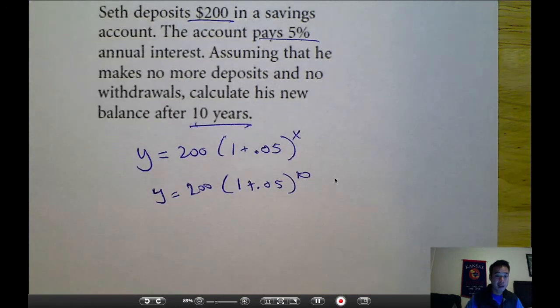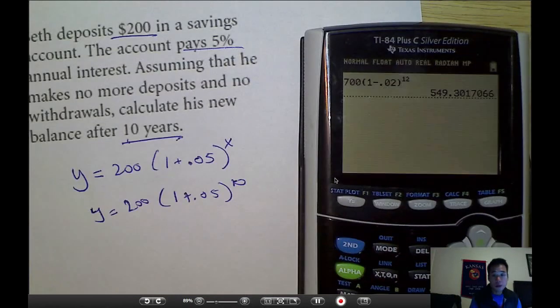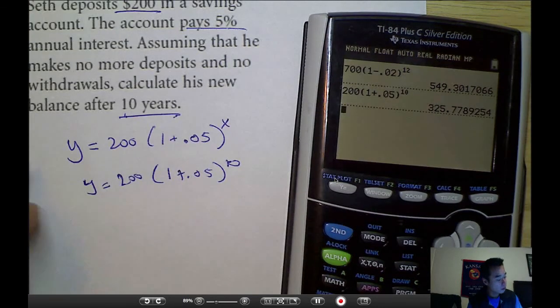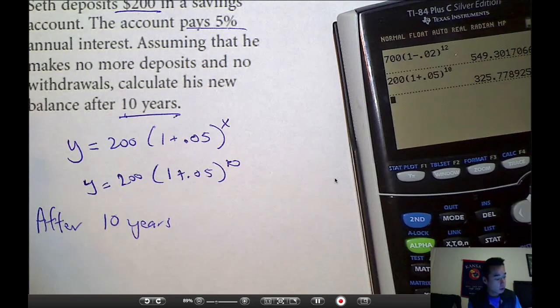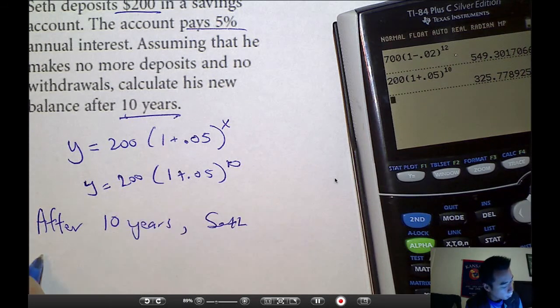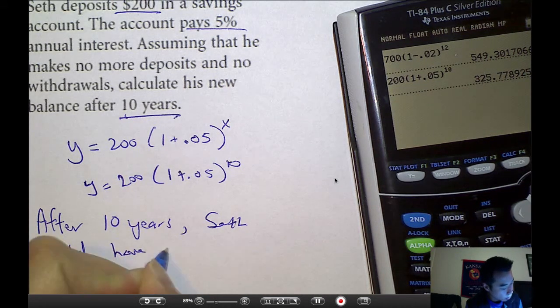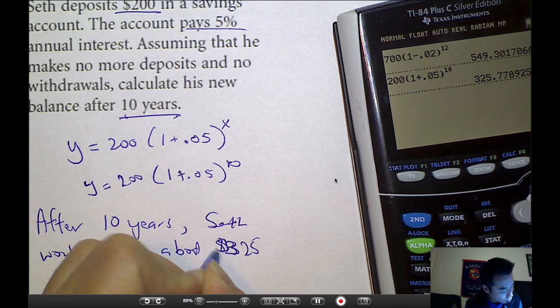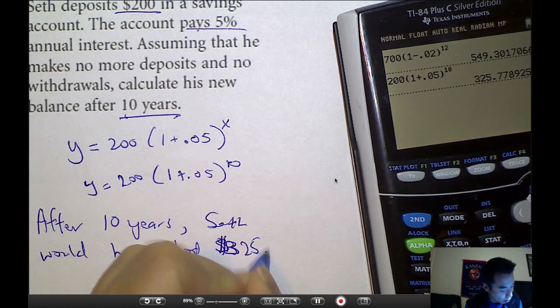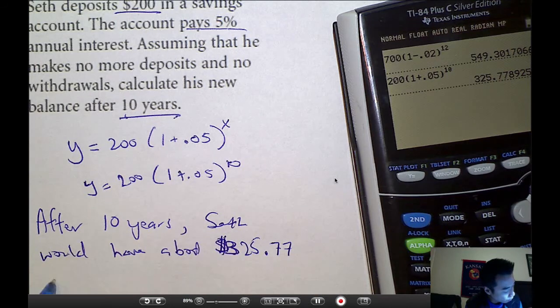And then there's not much after that. You just go 200 times 1 plus 0.05 to the power of 10 for 10 years. And after 10 years, Seth would have about $325.77, or if we want to round to the nearest hundredth, $325.78.